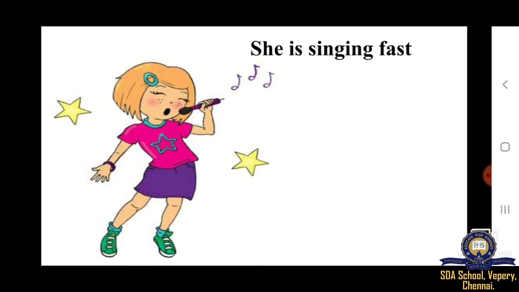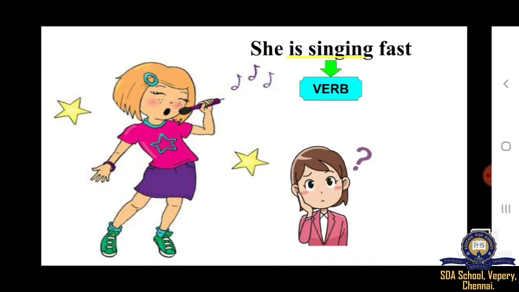And the second example: she is singing fast. Children, look at this sentence. What is the verb? Yes, is singing is the verb. Now, if I say what is singing, do I have an answer?